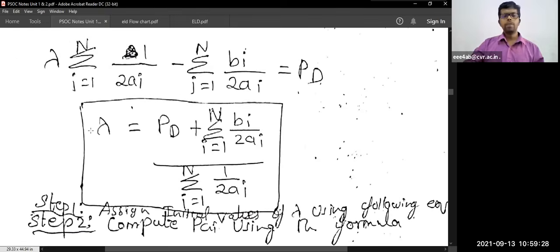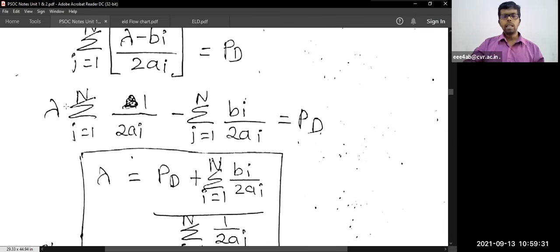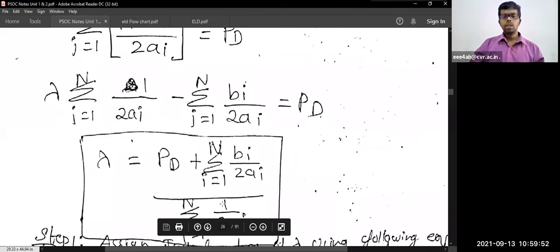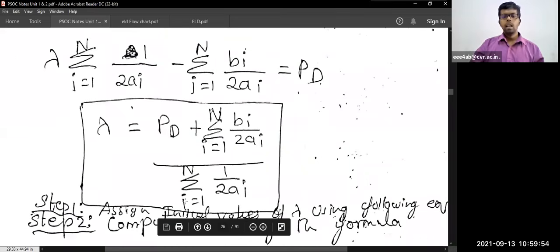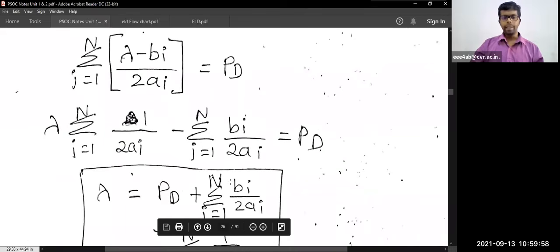So from this, how to find out the lambda? You have to take this term outside and this term to the downside. So you can easily find out lambda, that is PD plus, so here it is minus. If this term, that is BI divided by 2A, goes to the right-hand side of the equal sign, it becomes plus, divided by summation I equal to 1 to n of 1 divided by 2a.